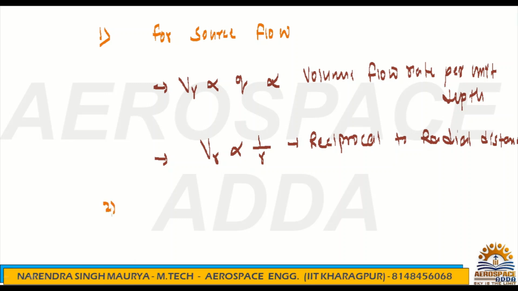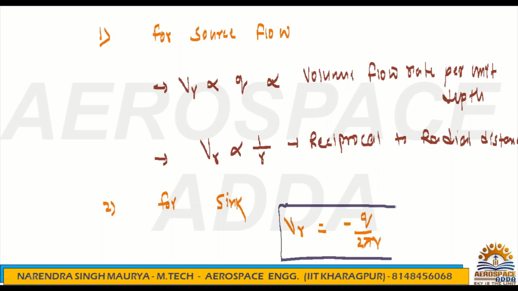For sink, the same thing will have a Vr, but here it will be minus Q upon 2 pi r. Last class I had explained, source and sink are the same in magnitude but opposite in sign, because one is inward flow and another is outward flow. So for sink, instead of plus Q, it should be minus Q. That's the only difference. Rest everything is the same.